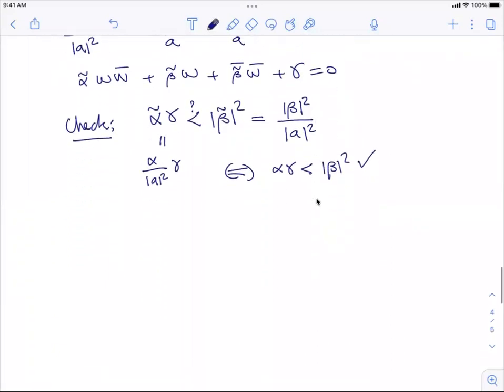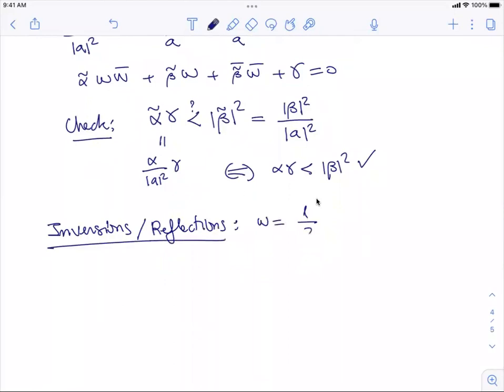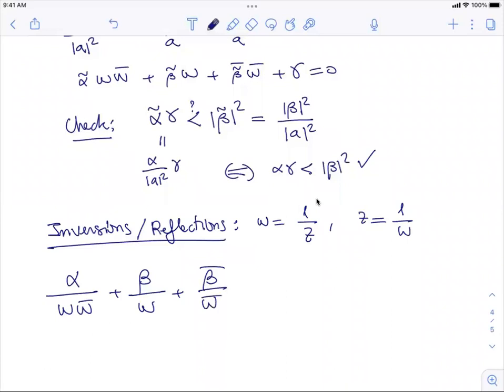And finally, we can do the inversions, or reflections. This is W equals 1 over Z. This one is the easiest. So Z equals 1 over W, and we have alpha divided by W bar plus beta divided by W plus beta bar divided by W bar plus gamma equals 0.